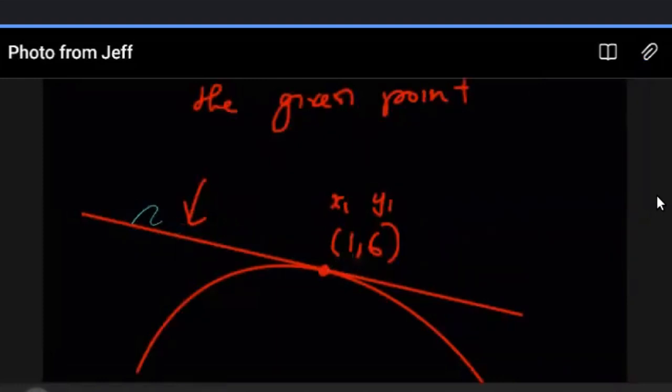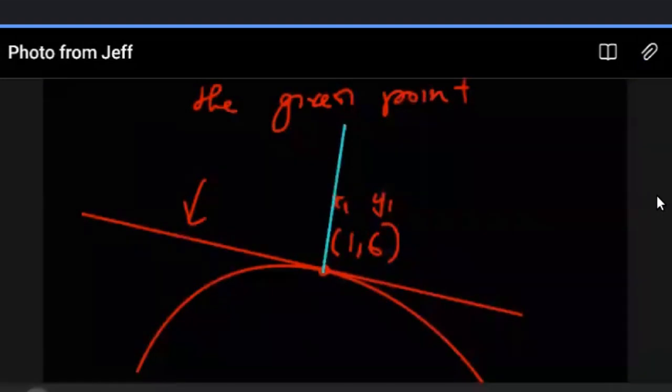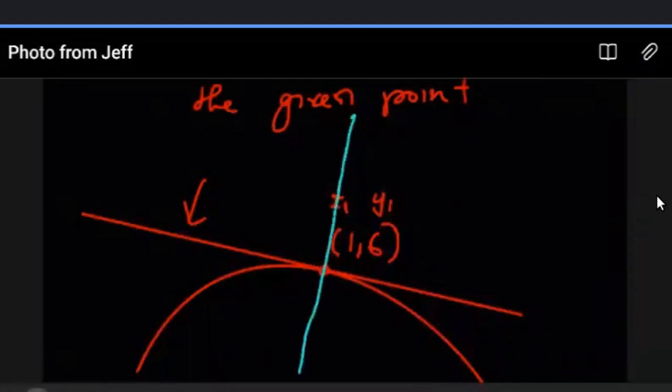That is what a normal would have to be. A normal can be seen as a line that goes like this, but it's not just like this. It's a line that stretches not just there, but all the way like this.